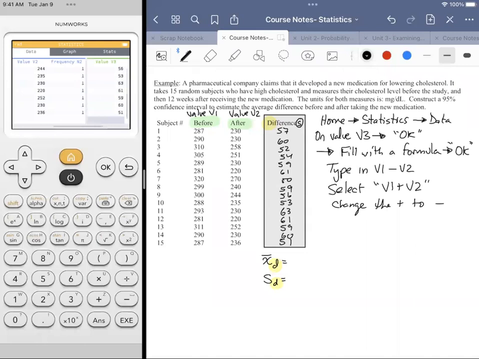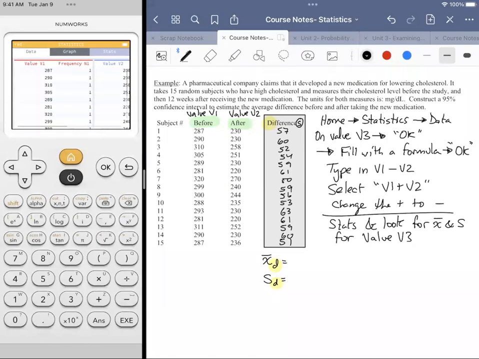All right, but what I need now is the sample mean and sample standard deviation of this. But NumWorks will do that for us. So I'm going to go to stats and look for X bar and S for value V3. I go up the line here over to stats.